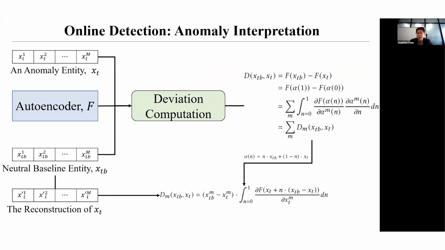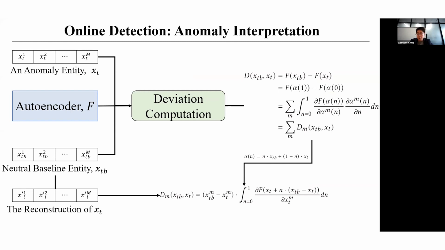Motivated by the integrated gradients method, we analyze the anomaly interpretation by integrating the gradients for each dimension of an anomalous entity. The practical step of applying integrated gradients in our anomaly detection program is to select a suitable neutral baseline entity.